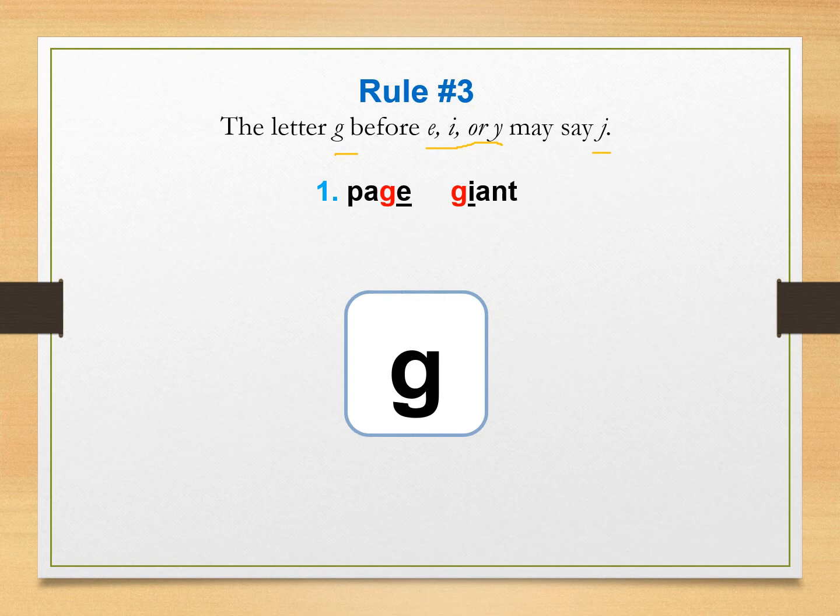The letter G before E, I, or Y may say J, but it may also say G sometimes.